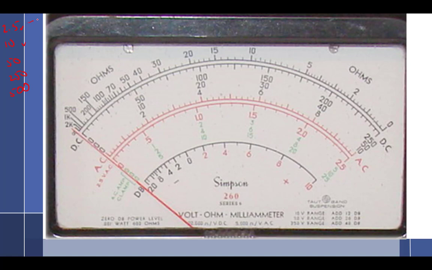Let's start with 2.5. Which one of these, 10, 50, or 250, looks the most like 2.5? 250. All right, so you're going to use this scale here. 2.5 goes to that scale. The 10 goes to the 10. The 50 goes to the 50. The 250 goes to the 250. And the 500 goes to the 50.